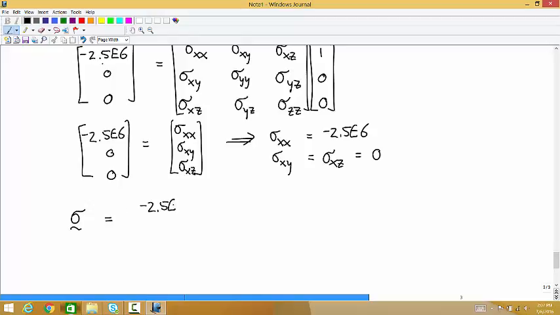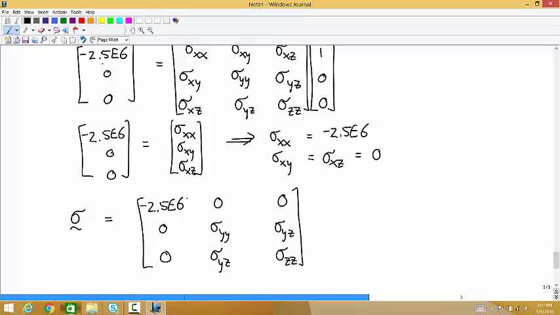Negative 2.5 times 10 to the 6, 0, 0. You can figure out a little bit of stuff from symmetry. And then there's some stuff you still don't know. You don't know the YY. You don't know the YZ. And you don't know the ZZ.